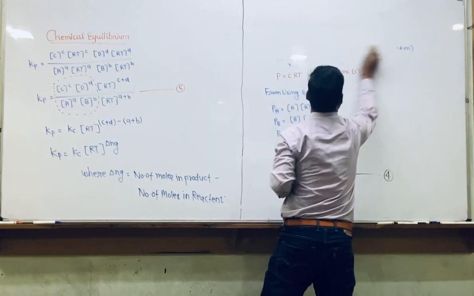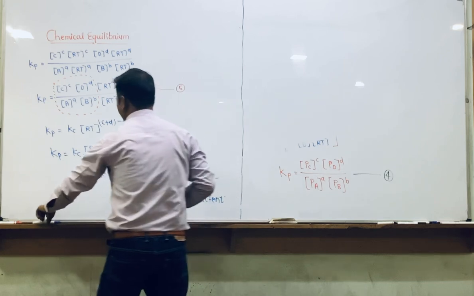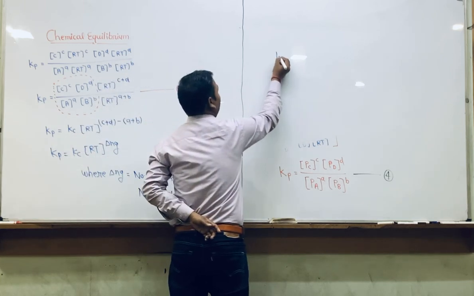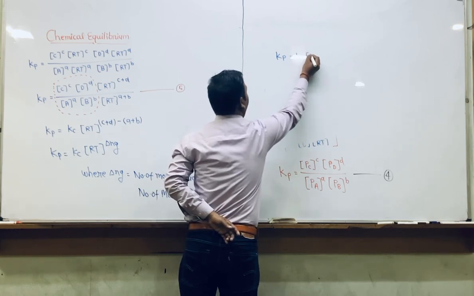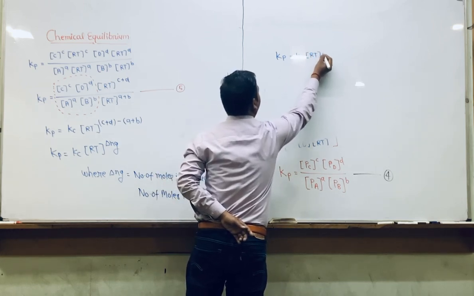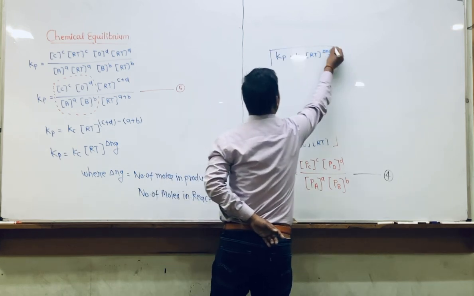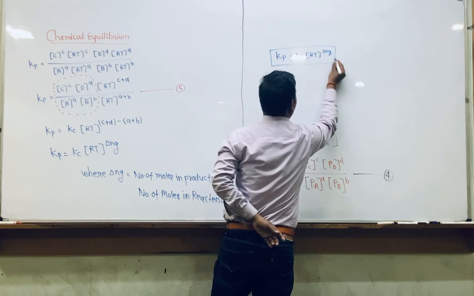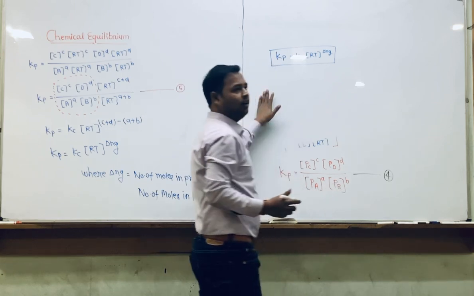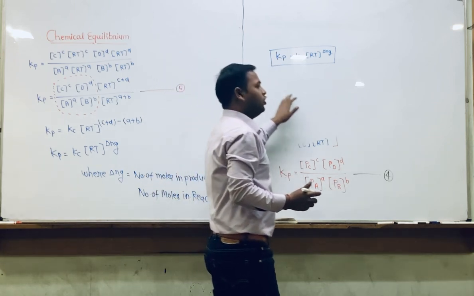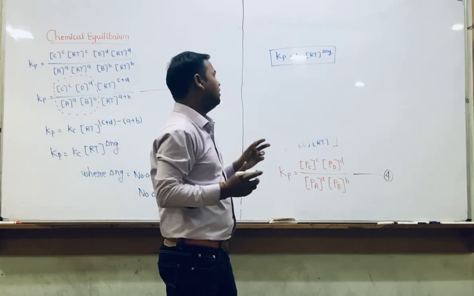Now we can write Kp equal to Kc RT to the power delta Ng. This is the relation between Kp and Kc, where Kp is the equilibrium constant in terms of pressure and Kc is the equilibrium constant in terms of concentration.